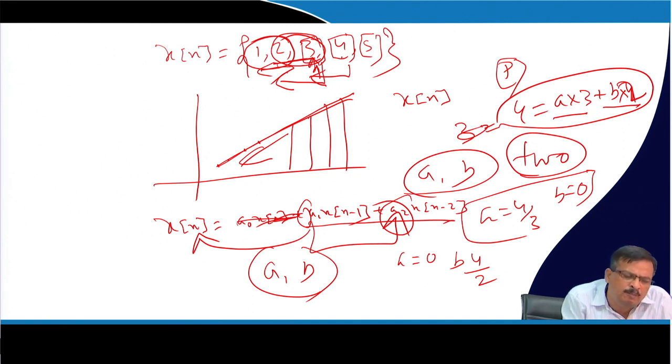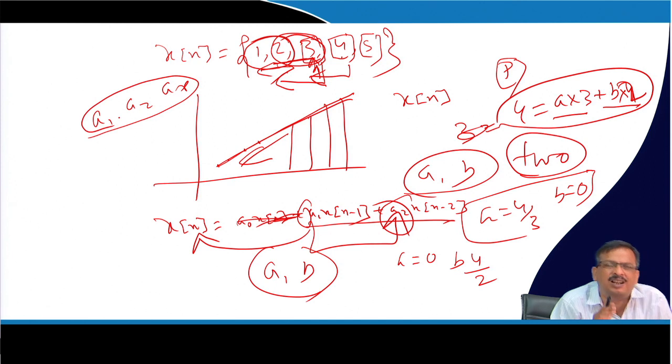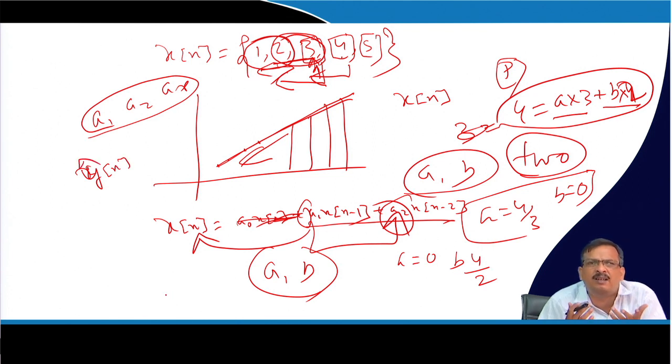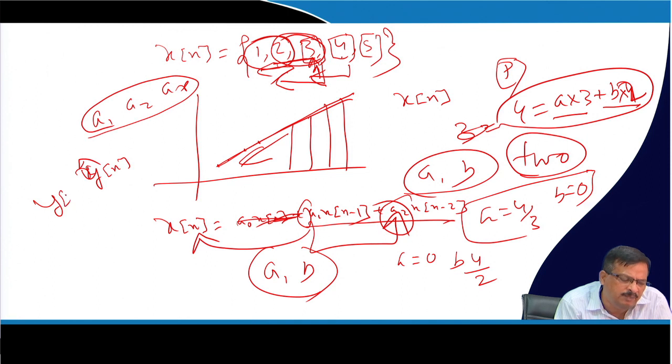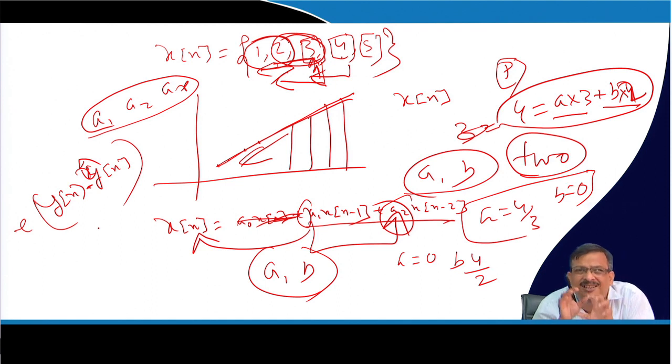Then how do I compute this a1, a2, a p? Let us say a1 to a p are initial values and I calculate the predicted value y n cap. Then what is the error? I know the present y n minus the predicted y n, that is my error. So, I can minimize that error.